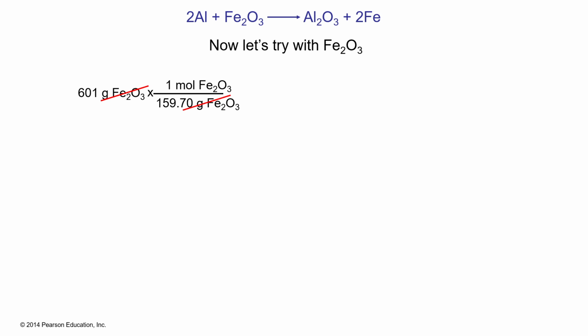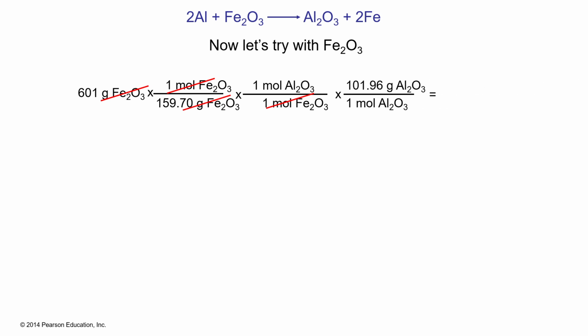I see that there is a ratio of 1 mole of product for every mole of iron 3 oxide reactant. So that means the moles of reactant are going to cancel out. And at the end, I'm going to find out how many grams of aluminum oxide that is using the molar mass of this product. I notice that all of the units are properly canceling out. All that's left standing is grams of aluminum oxide.